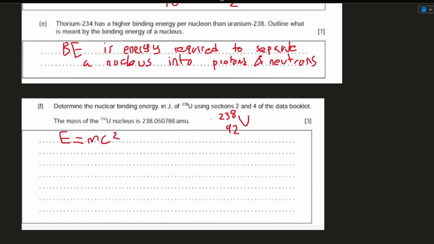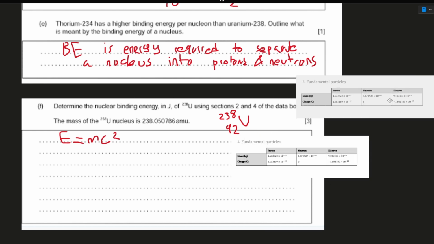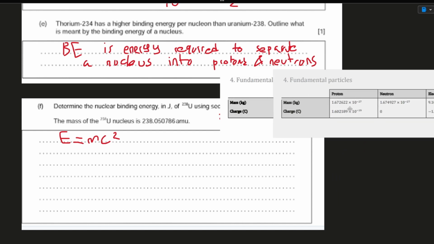So we need to find the mass of all the protons and electrons and neutrons. That's where section 2 and 4 of the data booklet come in. So I can just paste in section 4. Section 4 is right here.